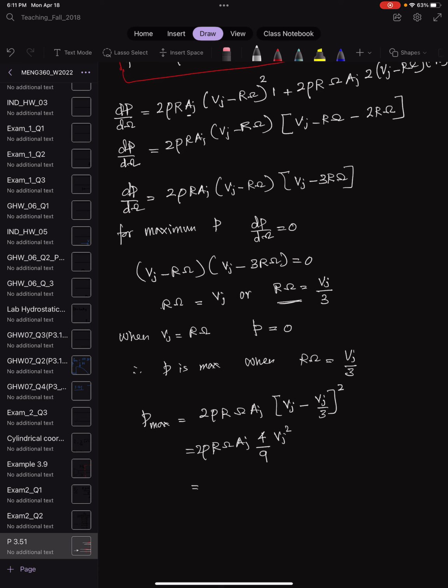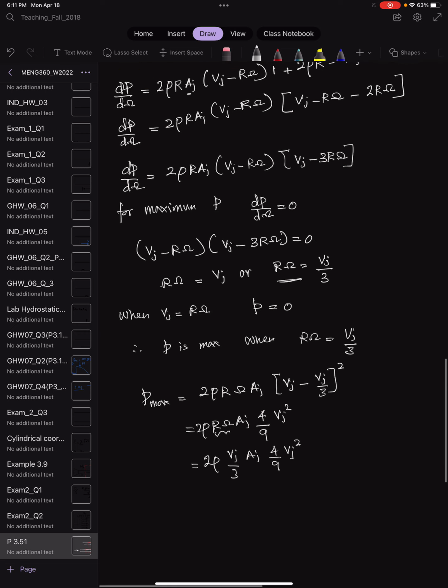Okay, so we have, yep. And also instead of this r omega, we can put 1/3 vj. So we can have 2 rho, instead of r omega, you can put vj over 3, Aj, vj squared, right?